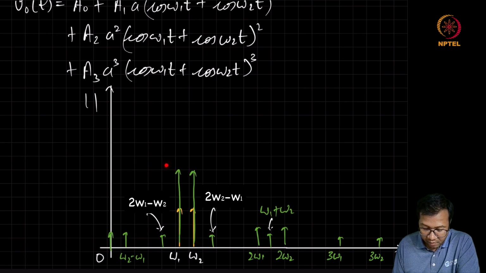The problem is, whatever filter we may have to select the desired signals, these terms due to the cubic nonlinearity will also pass through the same filter.